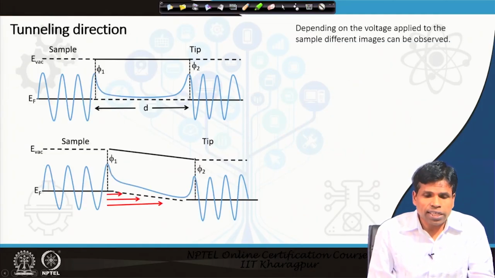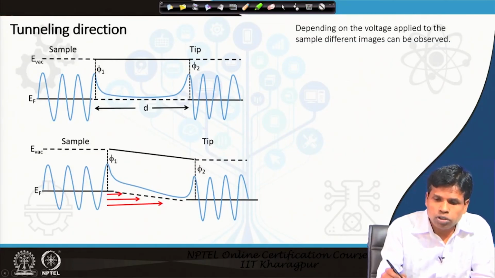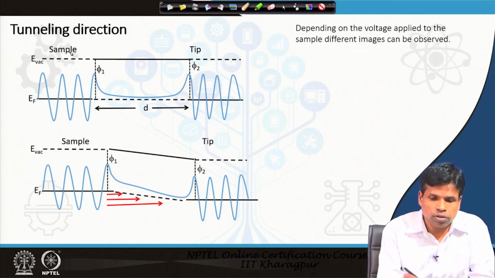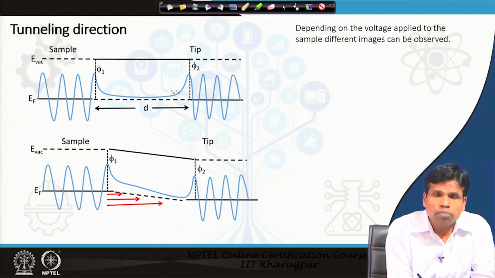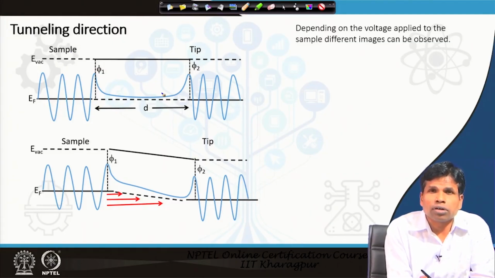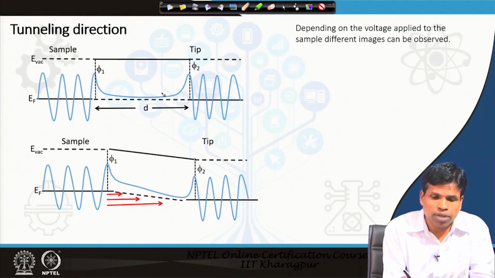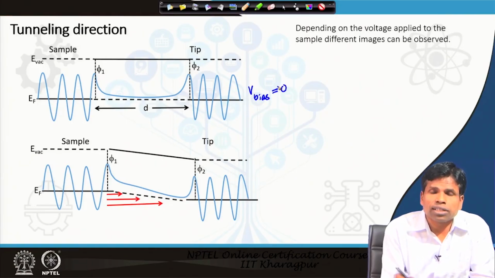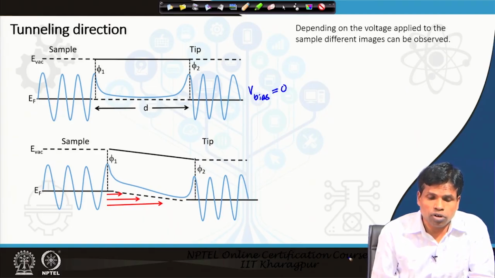If we talk about the tunneling direction, if two metals come together, let us say sample and tip, they have particular work functions, phi 1 and phi 2. If they come closer, current will not pass from either tip to sample or sample to tip if there is no bias, if V bias is 0, because the Fermi levels will align when they come closer to each other.